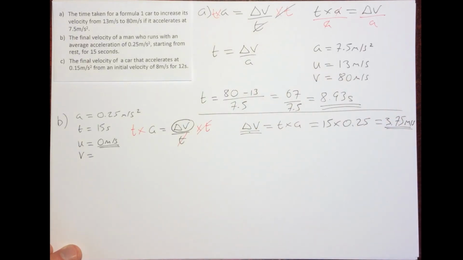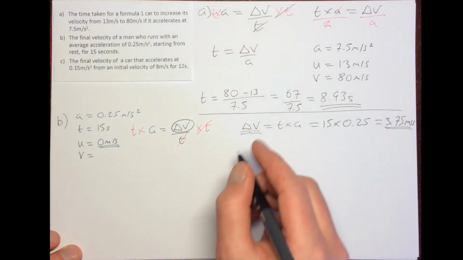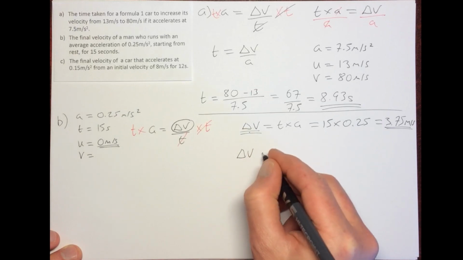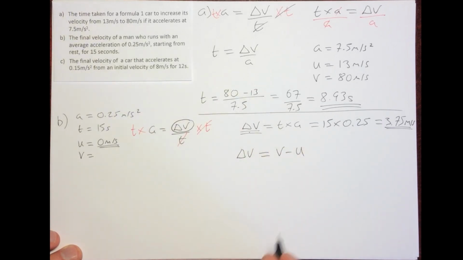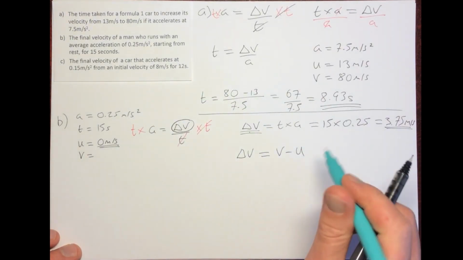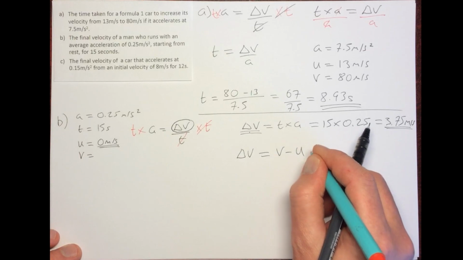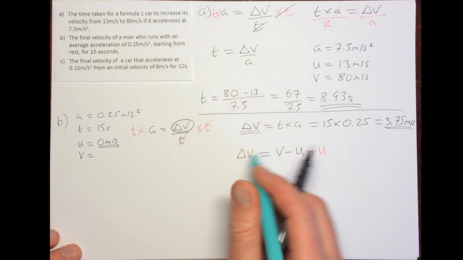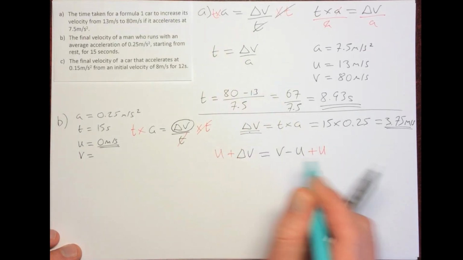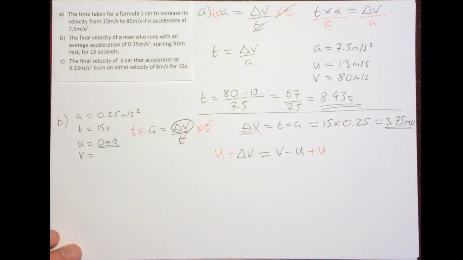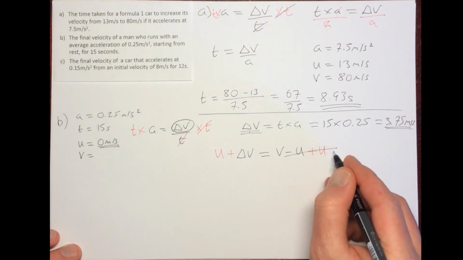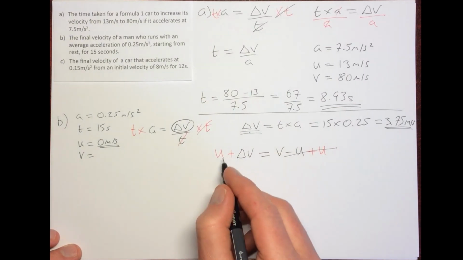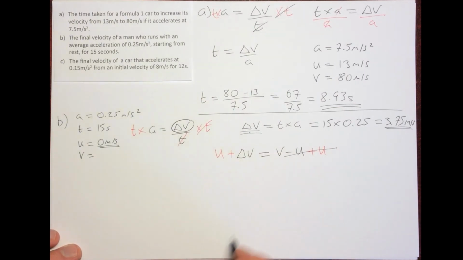Or to put it another way, we can do this. We know that delta v equals v minus u. So to rearrange this equation, we add u to this side and then add u to this side. Minus u plus u cancels out. u plus delta v is equal to v.